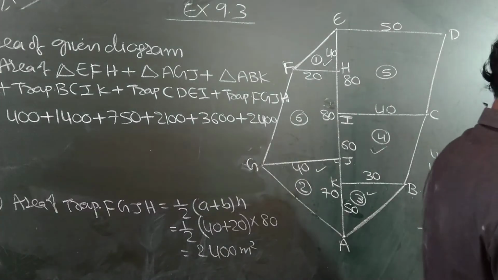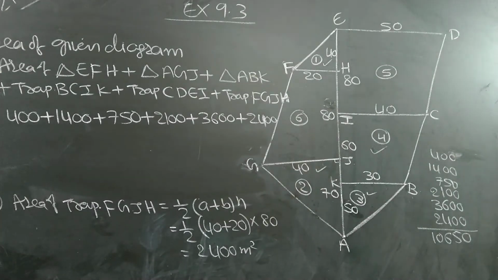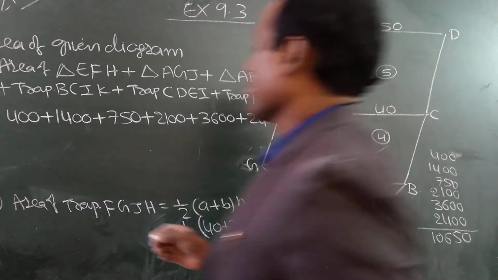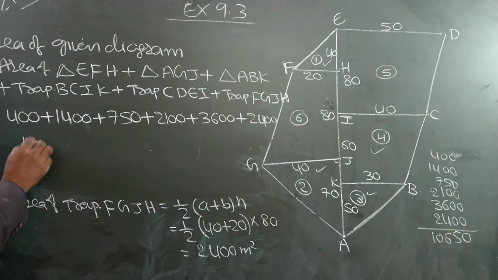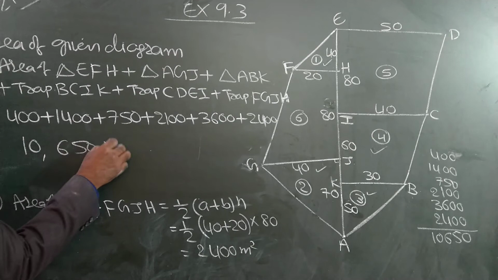Students, see the simplification. You add all those areas and how much are you getting? 10,650 meters square.